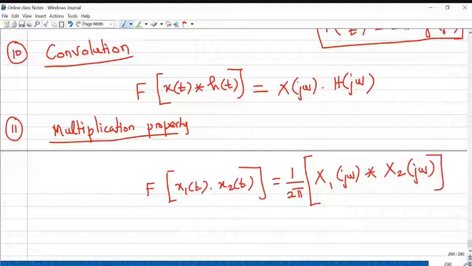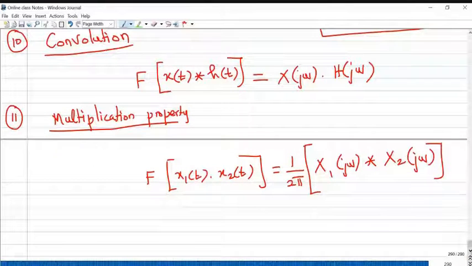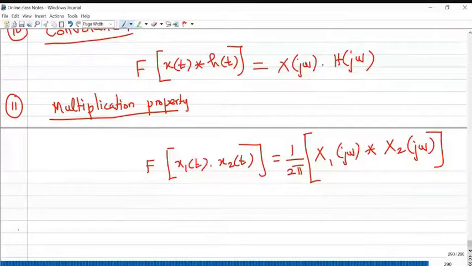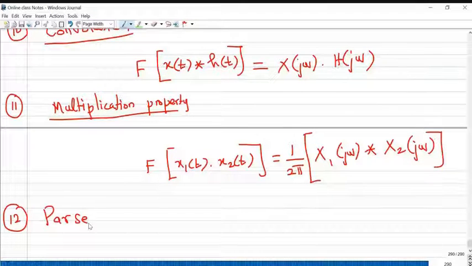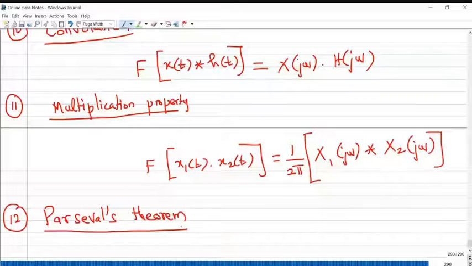Some more properties are related to complex terms and so on, so that's not that important. The last one is Parseval's theorem. This property is very important.